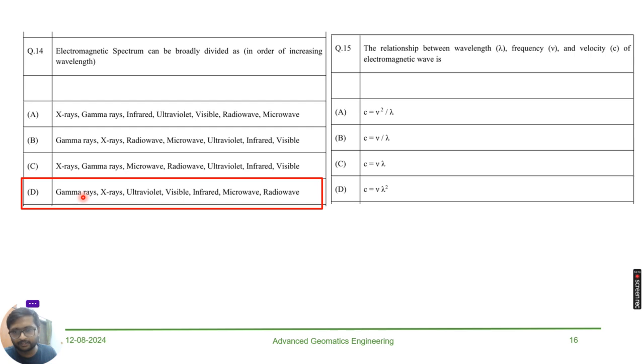Frequency we can represent using F or V. The multiplication of frequency and wavelength is equal to the speed of light in space, which is 3 into 10 raised to 8 meter per second.